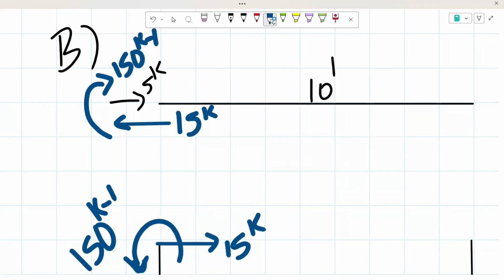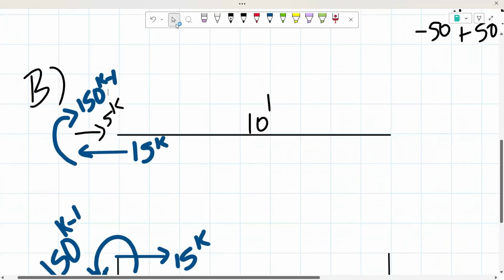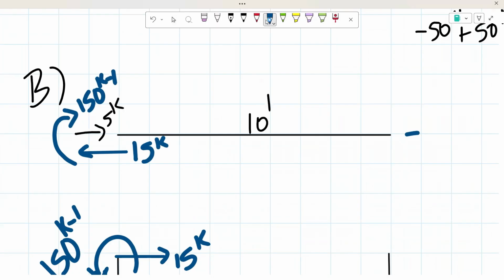And now that we added everything, we could proceed to look at how we could balance this out. Here we have 15 kips going to the left, 5 kips going to the right. So that means we have 10 kips acting to the left. So that means that on this side, we're going to need 10 kips acting to the right.